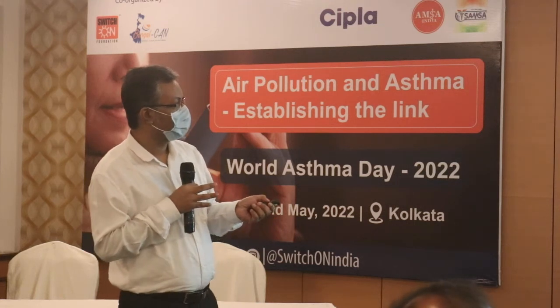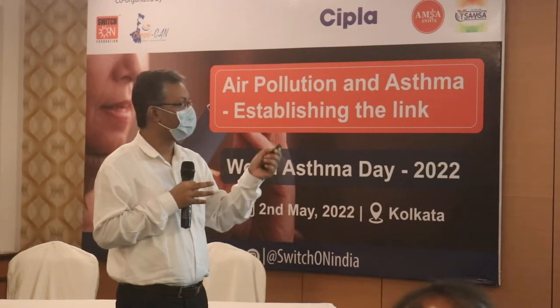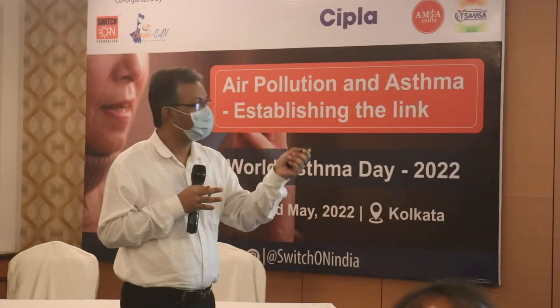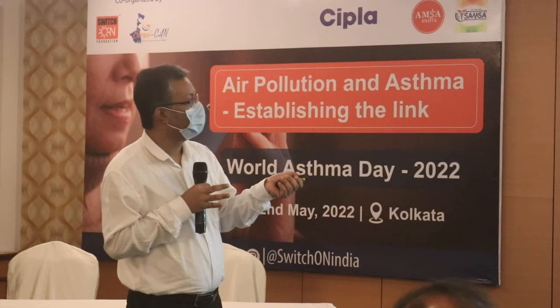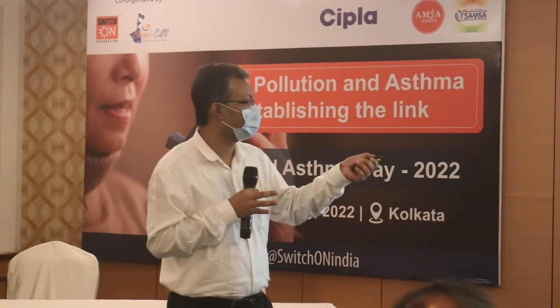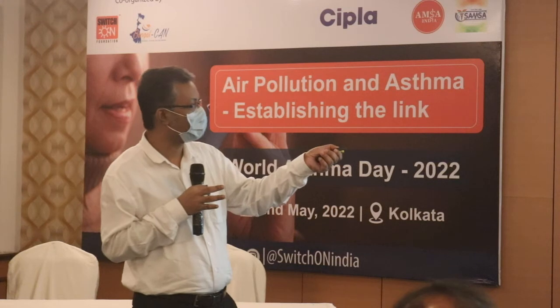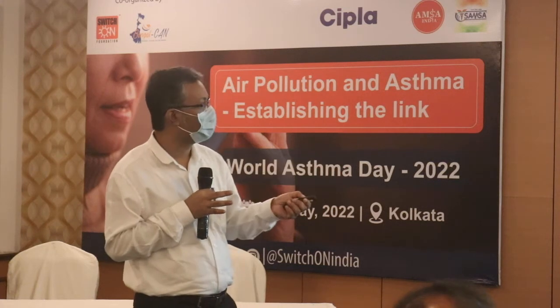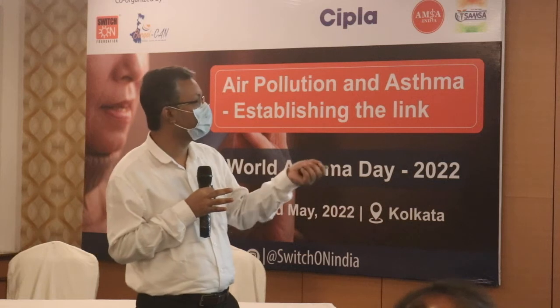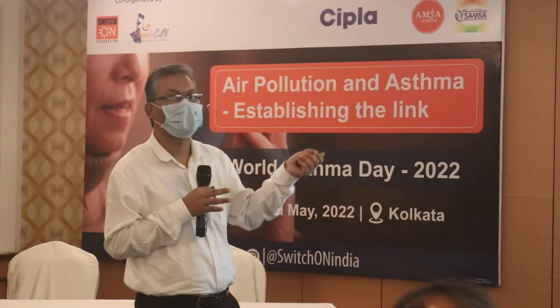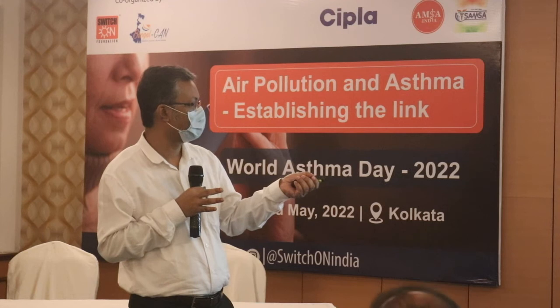Now, in asthma, as you have already been told, there is airway inflammation, and this airway inflammation is increased in the presence of these pollutants, O3, nitrogen oxides, and PM2.5. Airway hyperresponsiveness of asthma is increased in the presence of these pollutants, O3 and NOx.